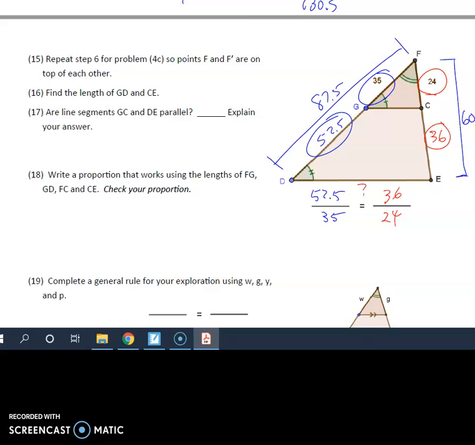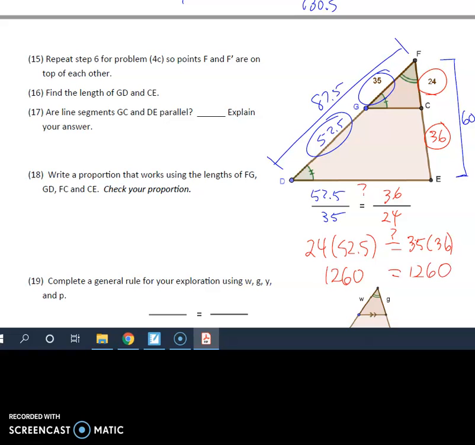So again, checking this out. 24 times 52.5, do I get the same answer as 35 times 36? So 24 times 52.5 is 1,260. And 35 times 36 is also 1,260.